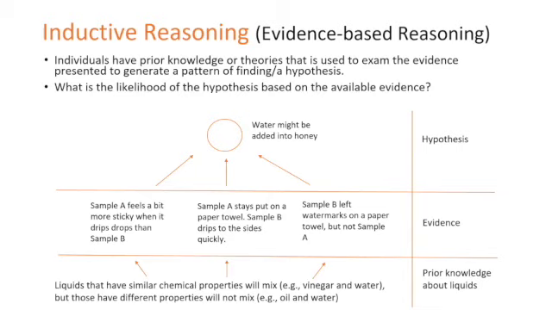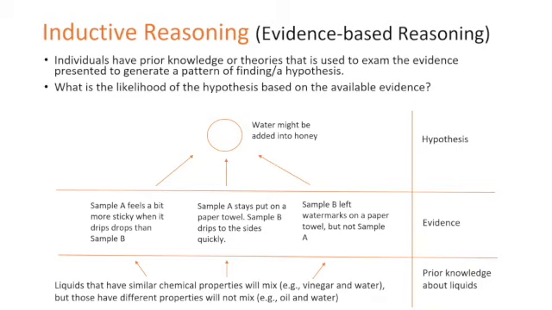But those that do not have a similar property will not mix, which is like oil and water. So I assume when I observe the two different samples that whatever added into the honey has a similar chemical property because I don't see anything not mixed.